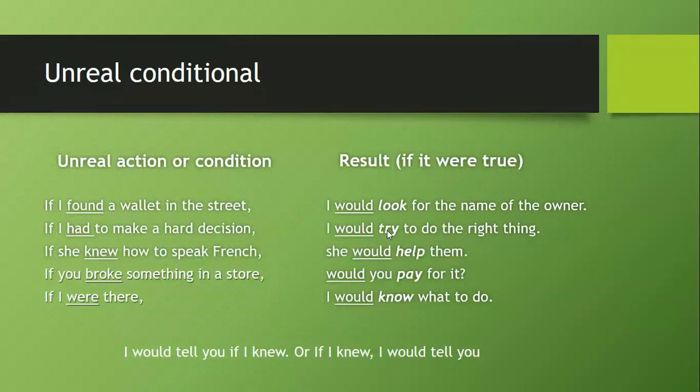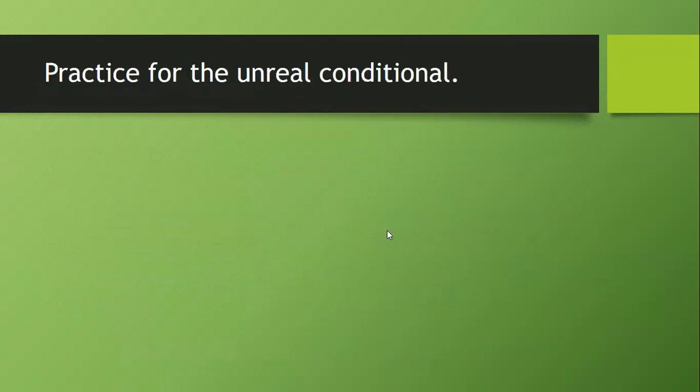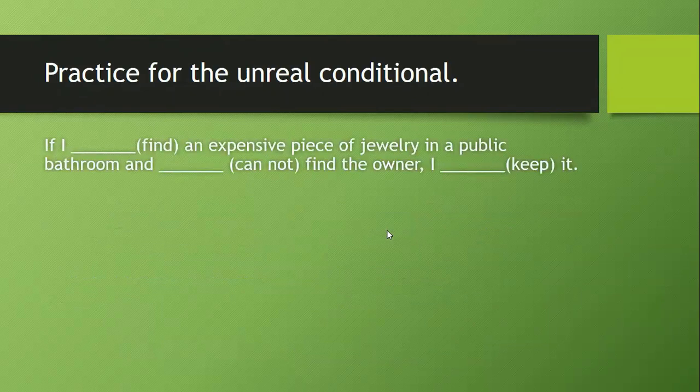If I do the homework, I will be able to go out. If I do something, I will do something. If I don't do something, I will not be able to do something. These are the different ways to express the real conditional. Then we're going to check exercises about unreal conditionals in different contexts and situations. Alright, we're going to check it.